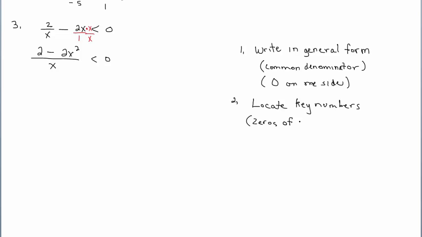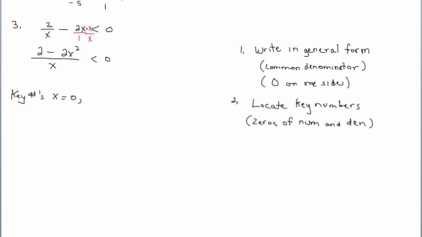That would be the zeros of the numerator and denominator. All right, well, when I look over here, I can see the denominator is easy. The key number for the denominator, so record key numbers, x equals 0.